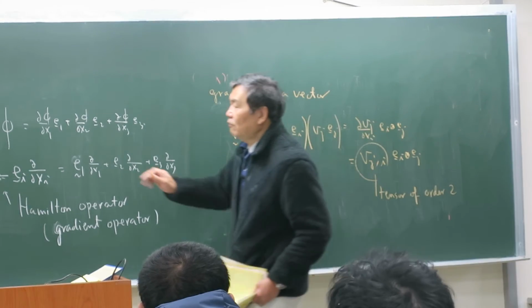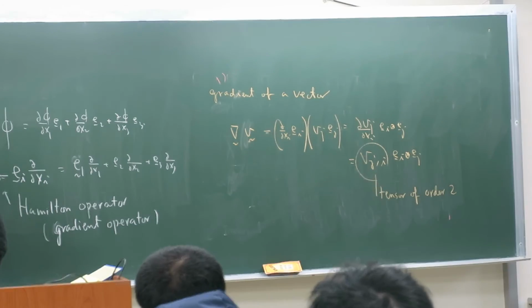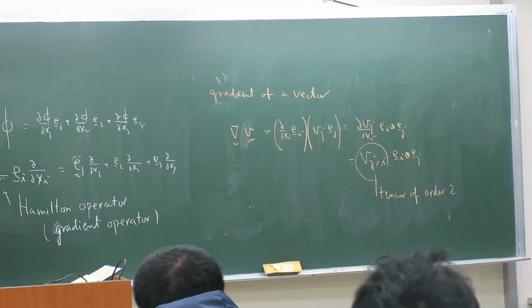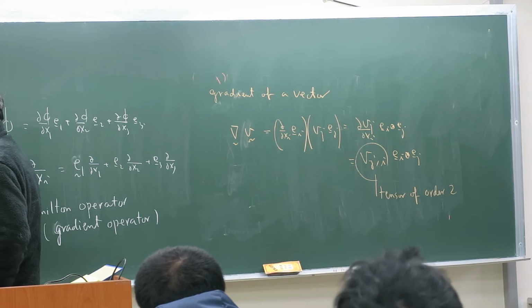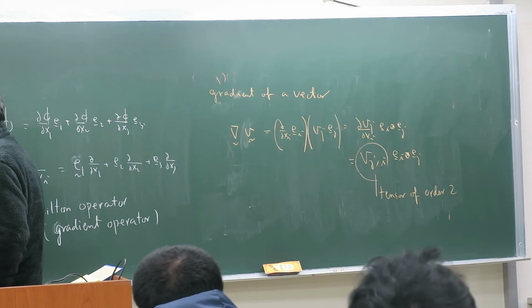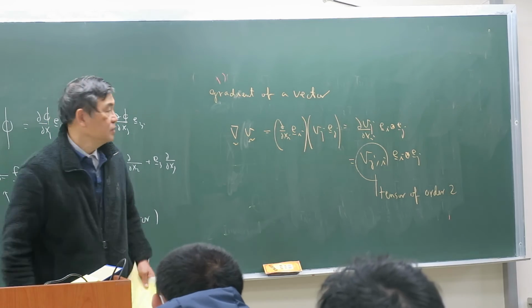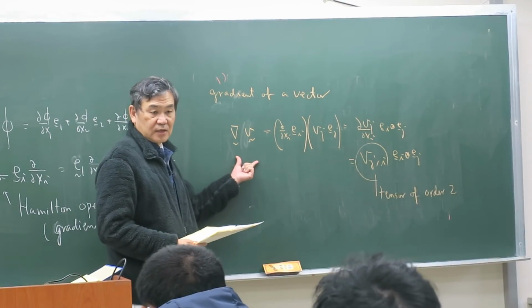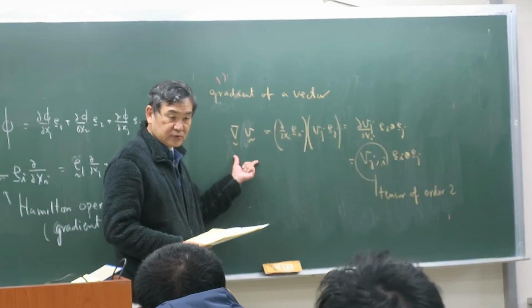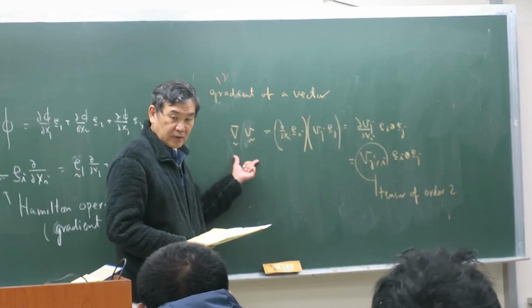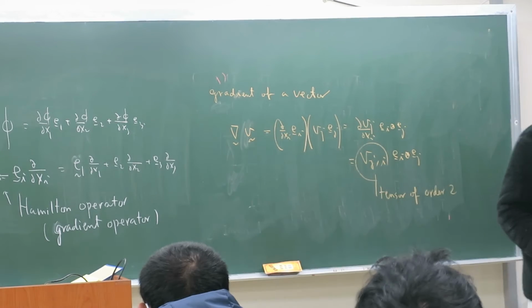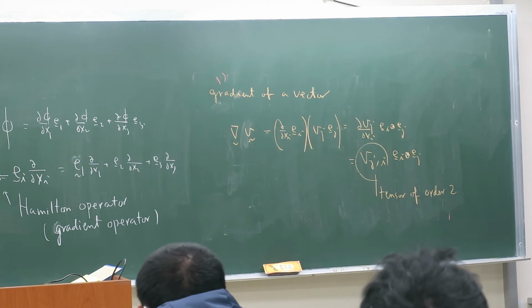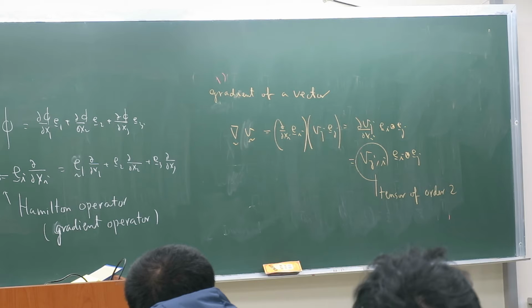The gradient of a scalar is ui ei, so this is a tensor of order 1. So the gradient of a vector becomes a second-order tensor, different from the gradient of a scalar. The gradient of a scalar is a vector. I want to emphasize this.